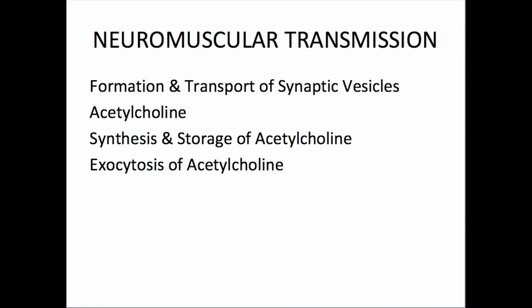The acetylcholine, which is a neurotransmitter, excites the muscle fiber membrane. In the axon terminal, there are many mitochondria that help in the synthesis of an excitatory transmitter, the acetylcholine. Now, acetylcholine is synthesized in the cytosol of the nerve fiber terminal and stored in synaptic vesicles.